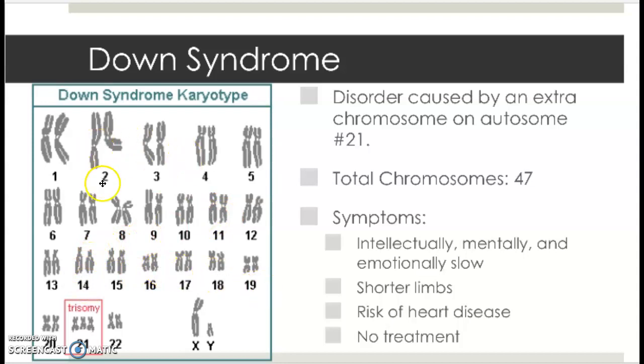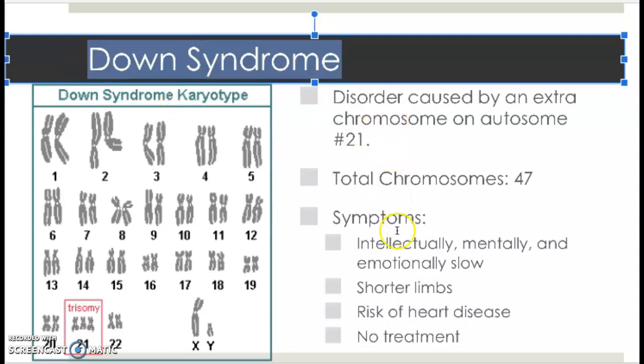They're all arranged from tallest to smallest, but if we look at chromosome 21, we see that there is actually an extra one. We call this trisomy, meaning there are 3 of them on chromosome 21. And when you see an extra chromosome there, the child will develop a condition called Down syndrome.